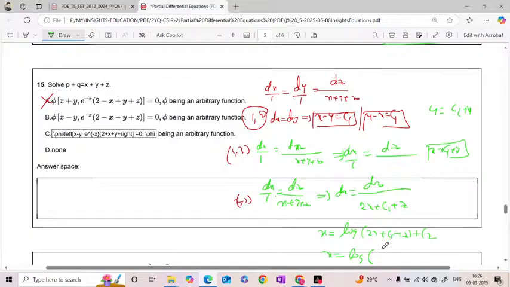So here we will get x plus y plus z plus a constant. That means e power x is equal to x plus y plus z plus some constant. So here the result is, what is the option? Option B is the correct.